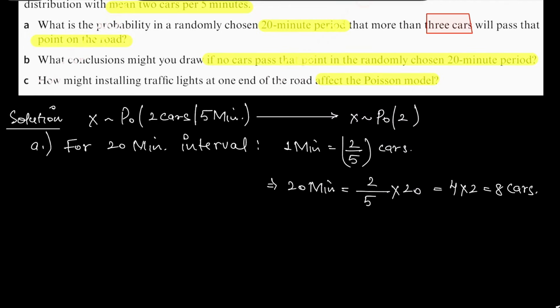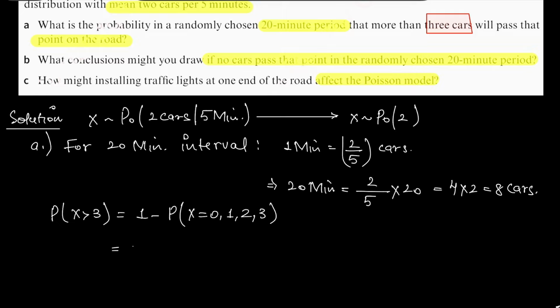Now let's read the question very carefully and figure out what they actually want us to calculate. The question says, what is the probability that in a randomly chosen 20-minute period more than 3 cars will pass that point on the road. So we are going to calculate 1 minus probability of x equals 0, 1, 2, 3.